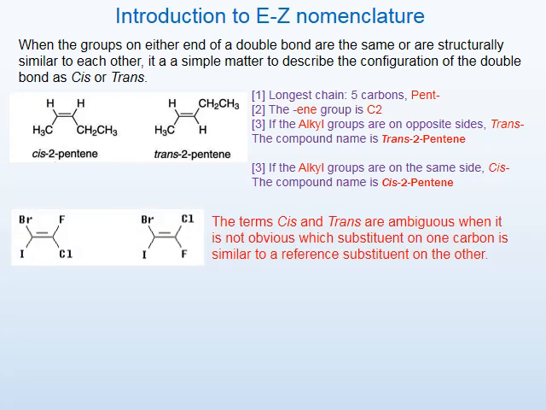Because these 2 terms describe relative configuration, cis and trans are ambiguous when it is not obvious which substituent on one carbon is similar to a reference substituent on the other. Take for example an alkene with halogen substituents on both sides of the double bond. In this case, we need to sort them out in a way that will give an absolute stereochemical description.